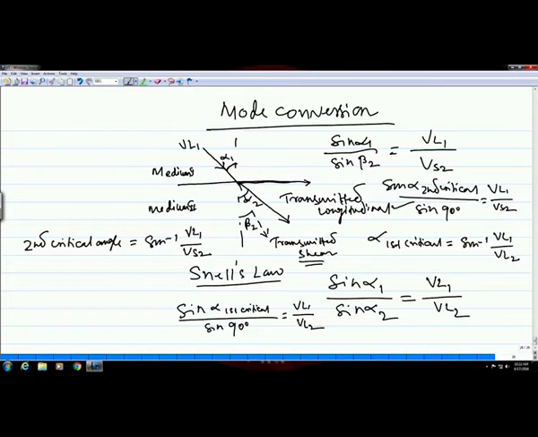Okay. So, if the incident angle is beyond second critical angle, then nothing will enter the medium 2, no ultrasonic wave will enter medium 2. So, that means, if you want to have only shear waves entering the sample, which is the medium 2, then the incident angle should be in between first critical and second critical angle.